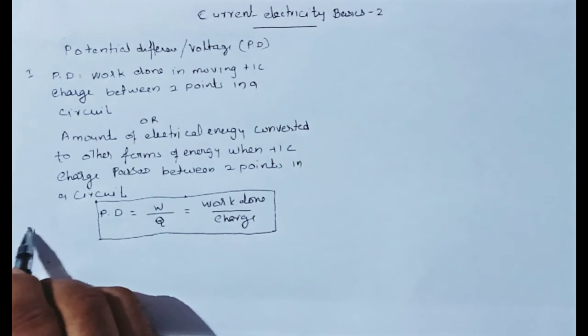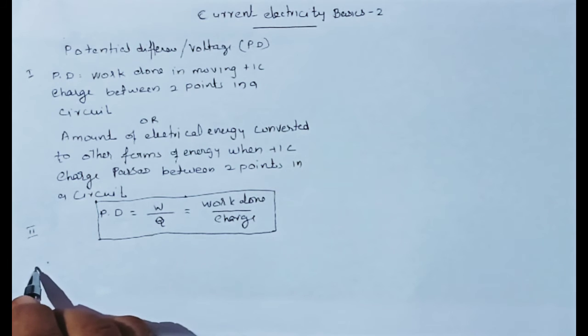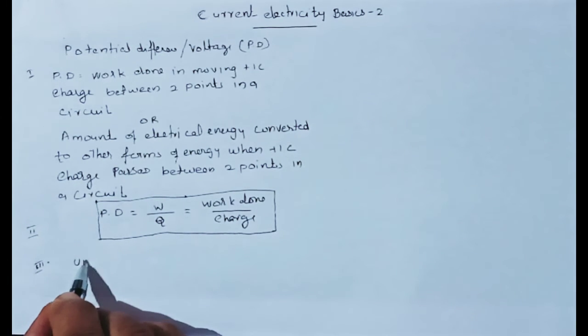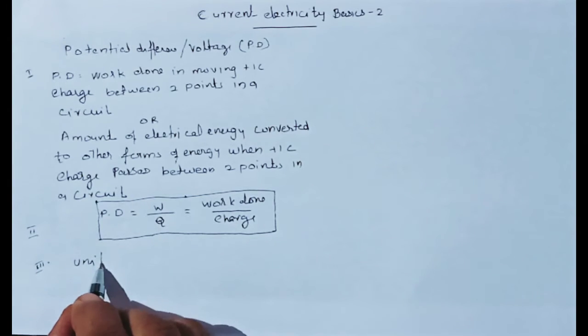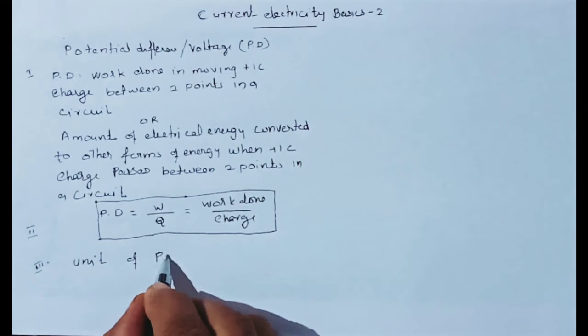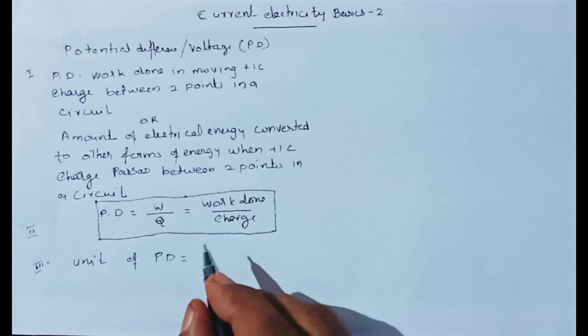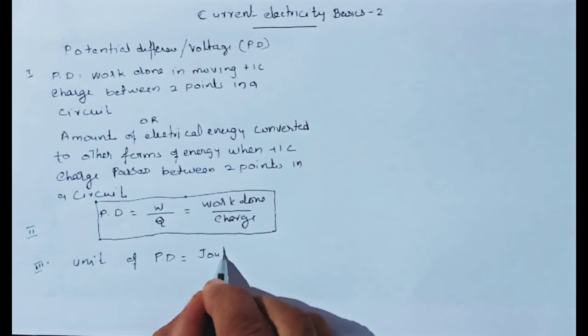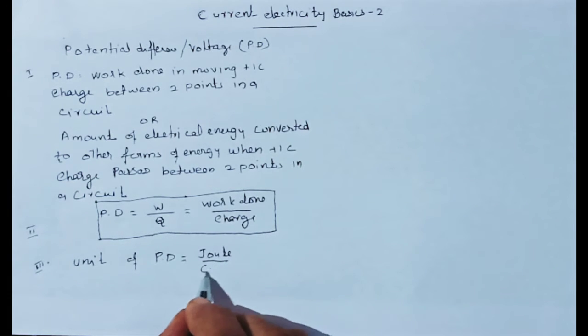The next point that we need to learn about is the unit of potential difference. If you look at that equation, it's very easy to find out the unit. The relationship is potential difference is equal to work upon charge.